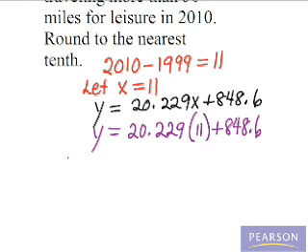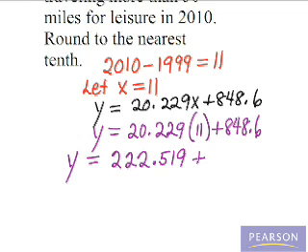Doing the calculation, we get y is 222.519 plus 848.6.